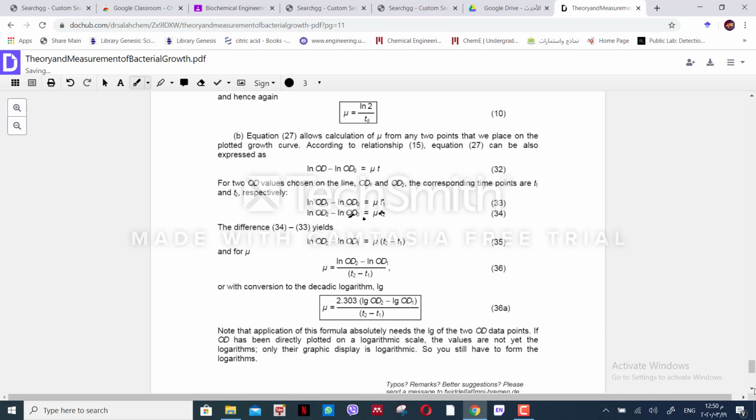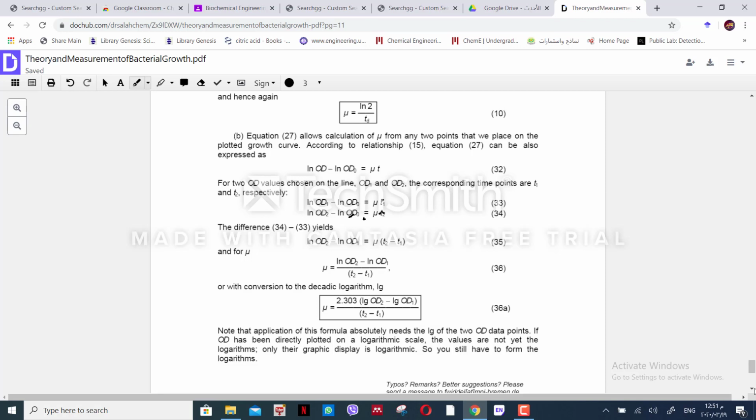Thus the difference of equations 34 and 33 yields ln optical density 2 minus ln optical density 1. Note that ln optical density initial will be eliminated here, so it will be equal to mu times t2 minus t1.